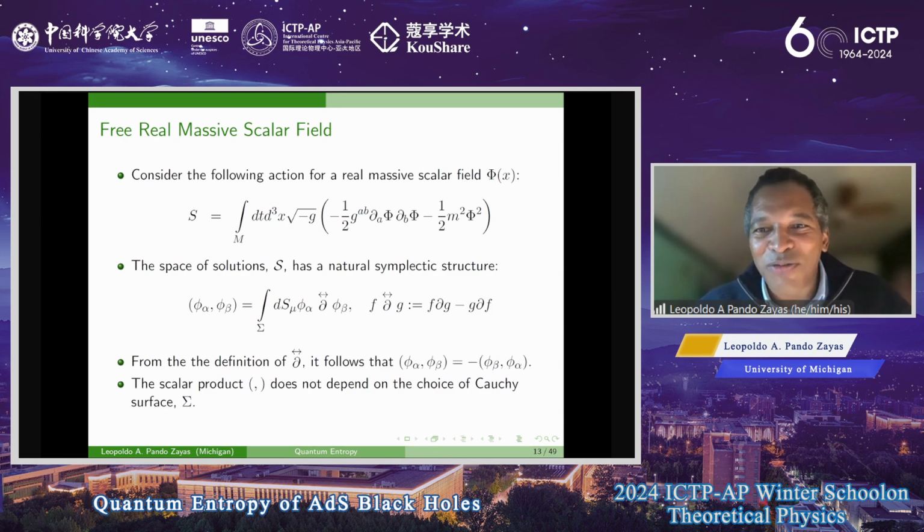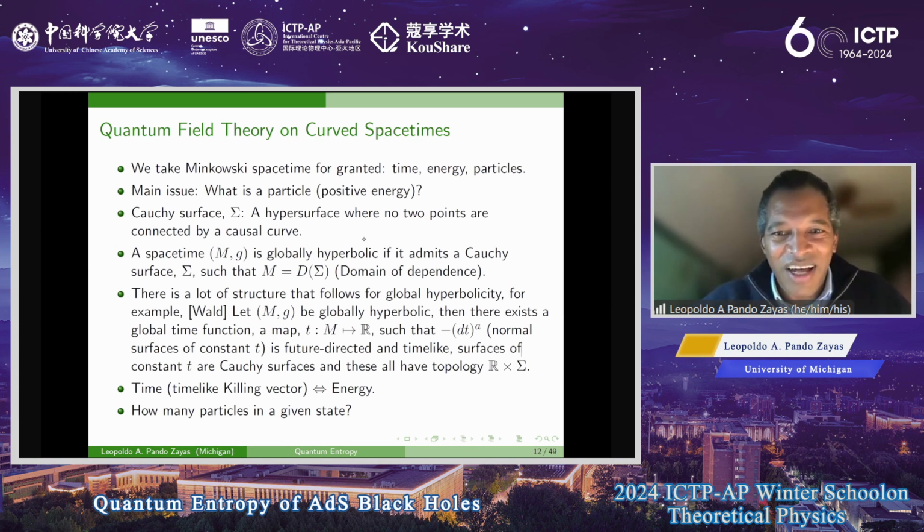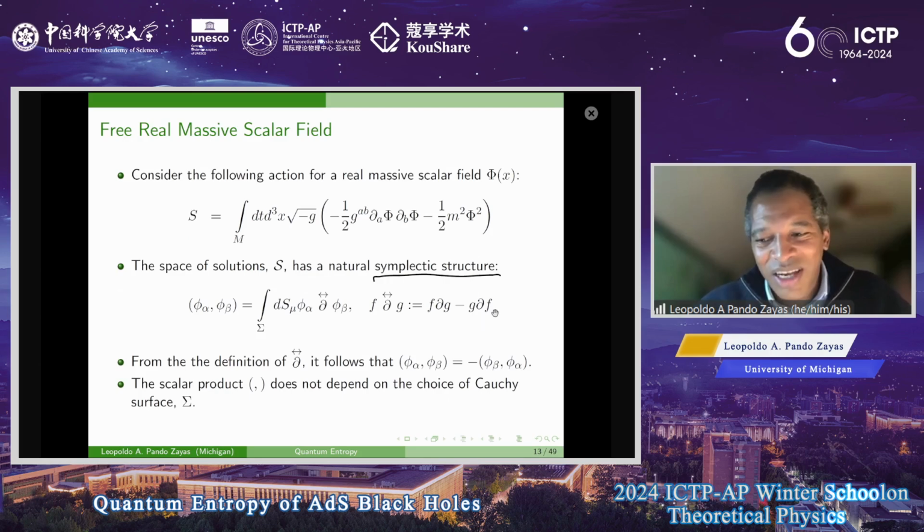The idea of what is a particle, what is a state with positive energy, is not immediate. So you have to work a little bit more. You have to introduce some symplectic structure in the space of solutions. Then you can show that the scalar product does not depend on the choice of a Cauchy surface. I gave you the definition of a Cauchy surface, but as I said, I don't want to spend too much time. It's more like a reminder.